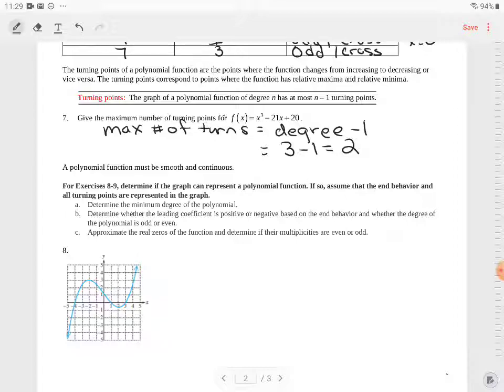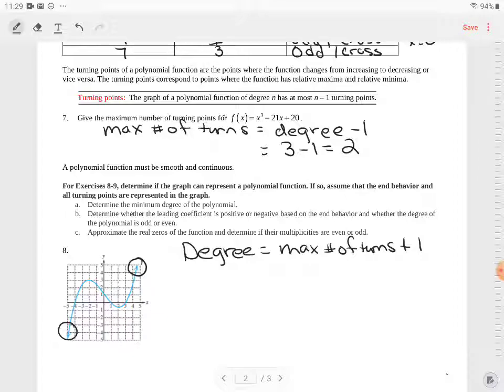Okay, so this says determine the degree. So we're going to go the other direction. If you're given a picture, the degree is equal to the max number of turns plus 1. So for example, if you notice my endpoints here are in opposite directions, I know that has to have an odd number degree. Okay, so 3, 5, 7.